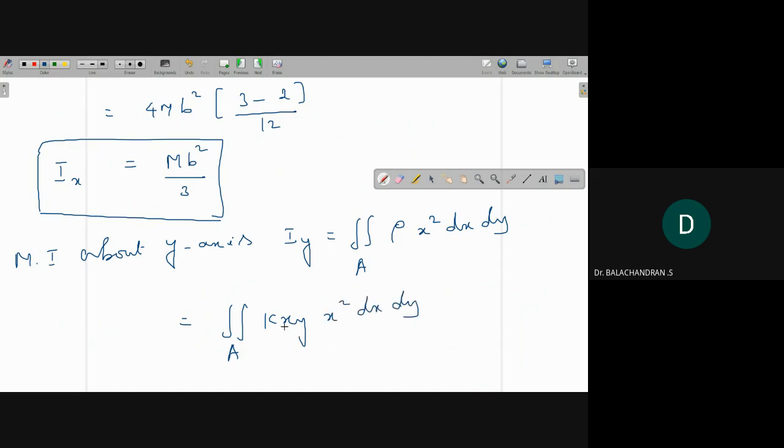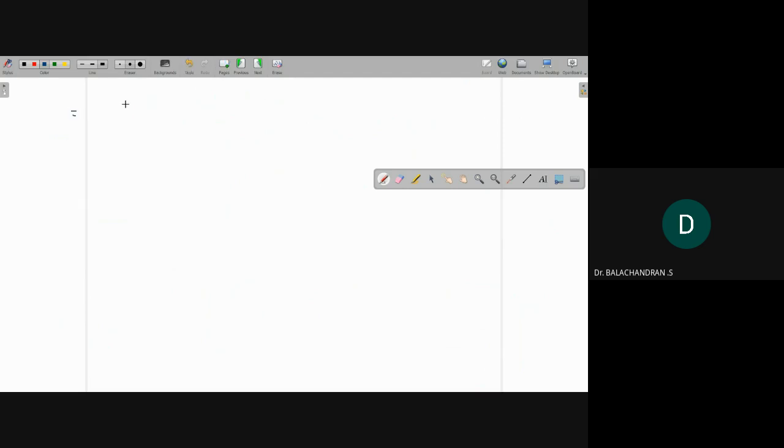So k, we know that 8m by a square b square. Integral same limit, y equal to 0 to b, x is equal to 0 to a by b into root of b square minus y square.